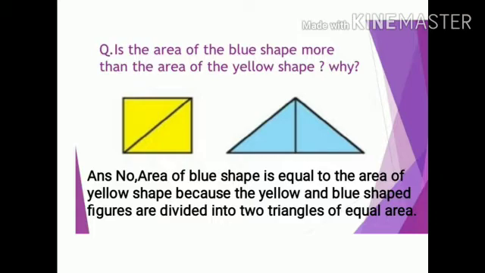Firstly we take a square paper and fold it. When you fold the paper, you can get these two figures. So students, we can say that the area of the blue shape is equal to the area of the yellow shape, because the yellow and blue shape figures are divided into two triangles of equal area.